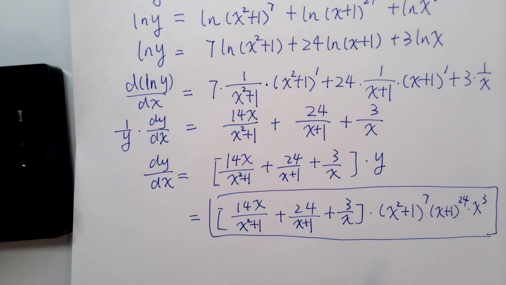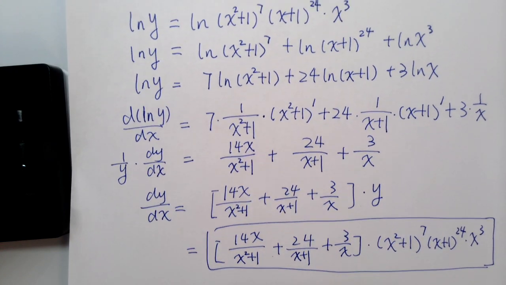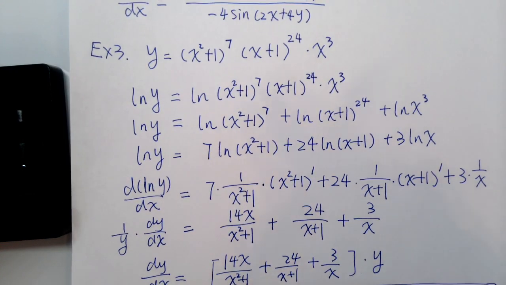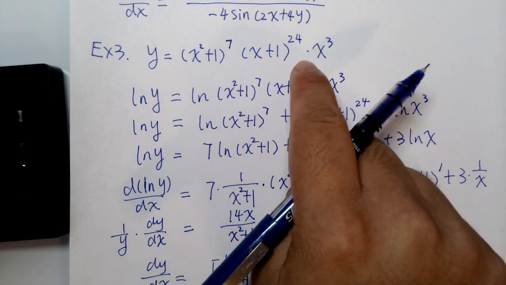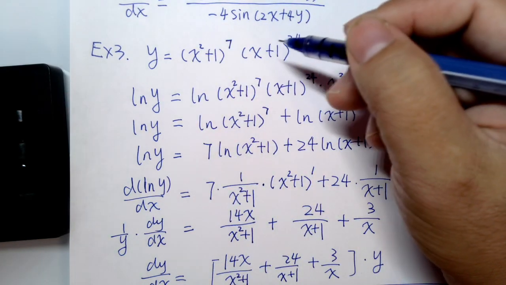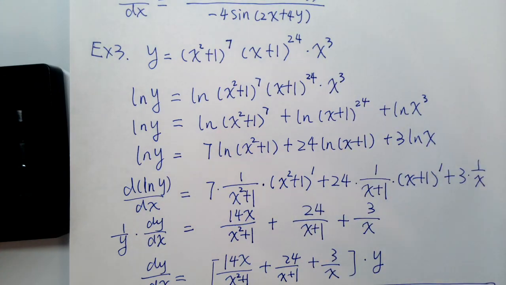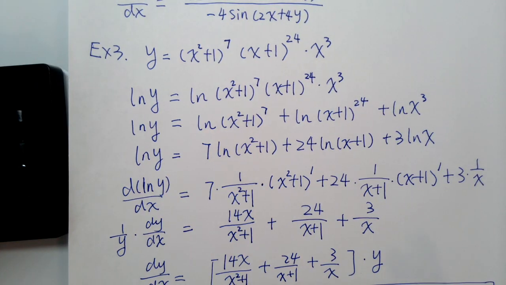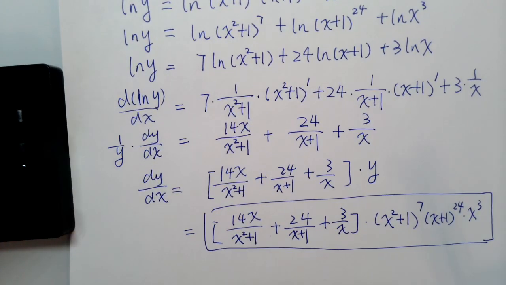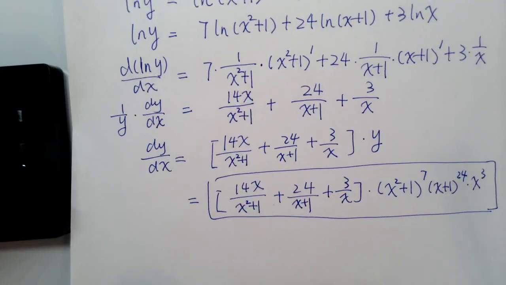But the approach is simple and clean. It's way better than applying the product rule, because you would have to group one of them, apply the product rule and then the chain rule, and then another product rule. So logarithmic differentiation makes things easier for this particular problem.